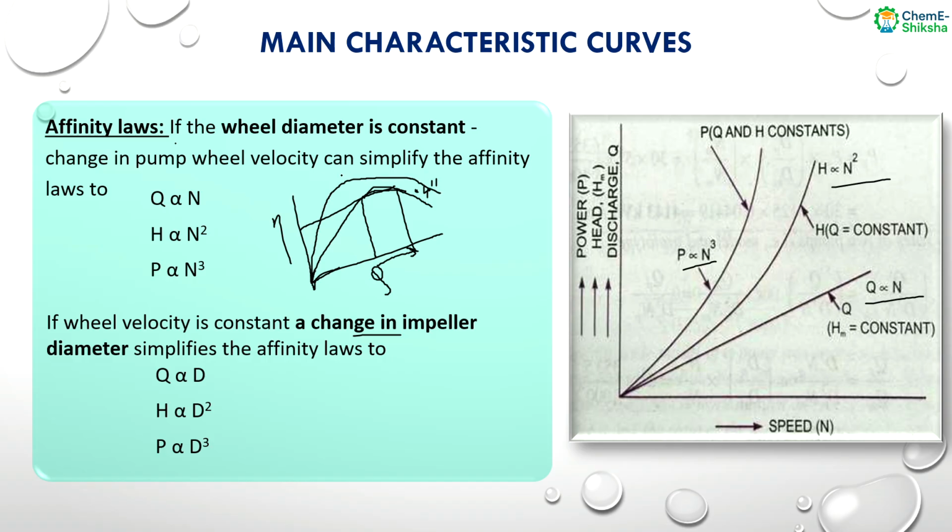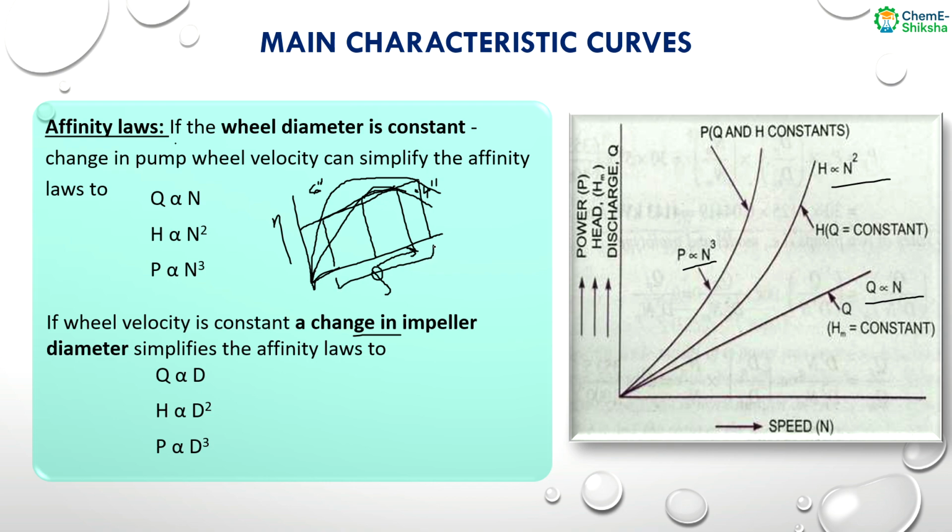Let's say this is for a 6 inch impeller diameter. But see over here that in this case, for 90% efficiency, the range of Q, the flow rate, actually increases from this to this. So this is my new range.